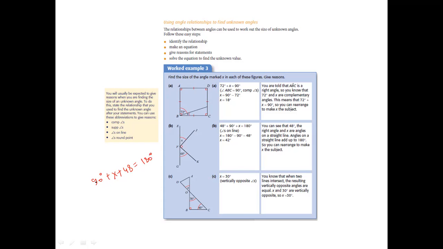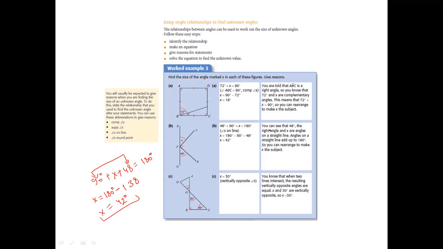Okay, so from here 90 plus 48 is 138. Then x is equal to 180 degrees minus, what is the sum of these two values? 138. Yes, 180 minus 138, automatically also the sign is changed, so that's why x is equal to 42 degrees. So the x is equal to 42.